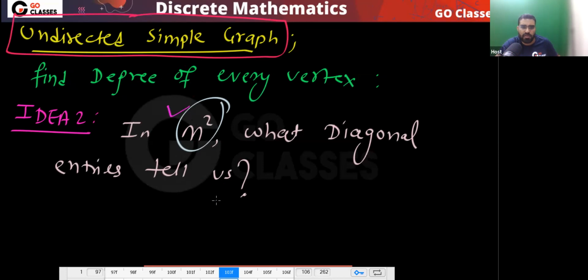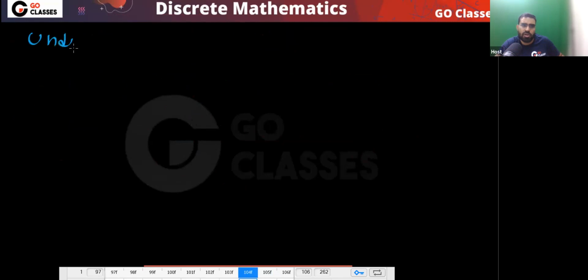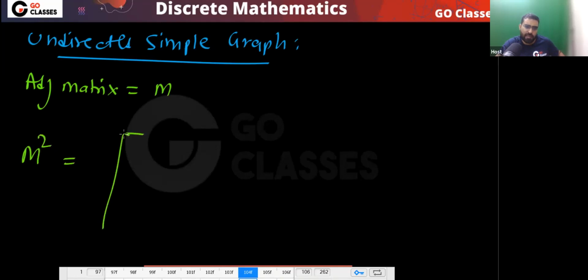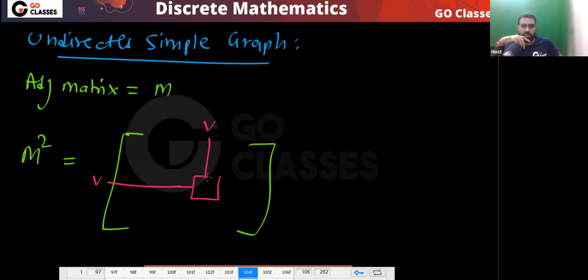Your graph is undirected and also simple, and the adjacency matrix is M. You find M square. In this M square, what will this entry tell you, where you have V here and V here?